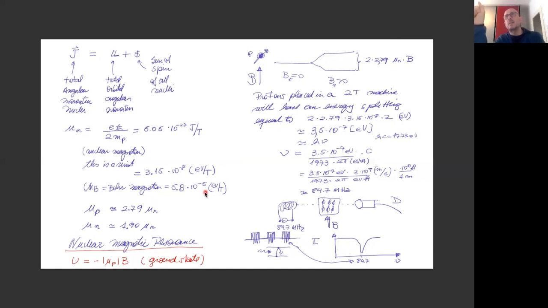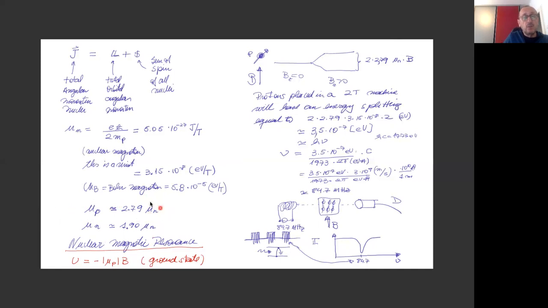So that's the magnetic moment of the electron, with a minus sign because it has a negative charge. In the case of the proton, they both have this strange number here. So it's not exactly the nuclear magneton as in the case of the electron, but it's about 3 and this is about 2. Okay, so the magnetic moment of the proton is a bit larger than the magnetic moment of the neutron.